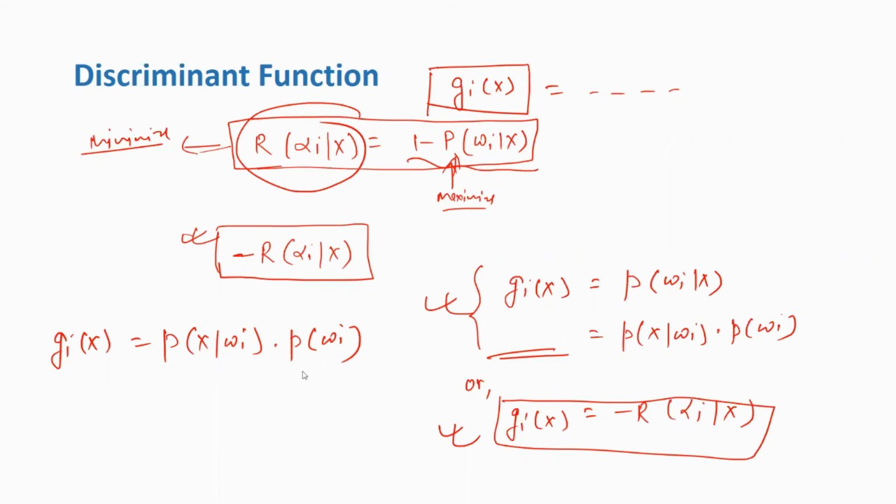Okay, now this is nothing but called the discriminant function. When we try to maximize or minimize something to take some decision accordingly, this g_i(x) is called the discriminant function.